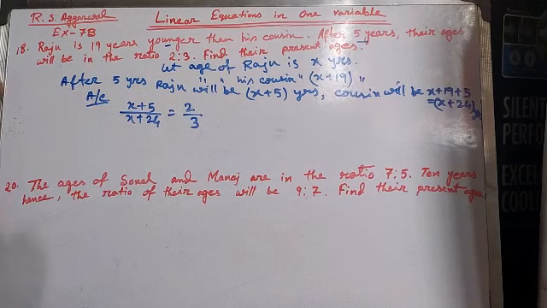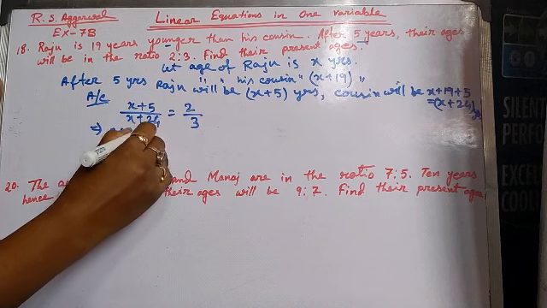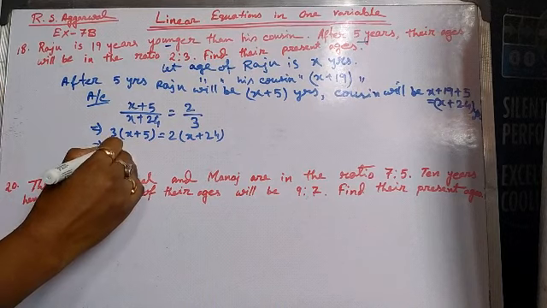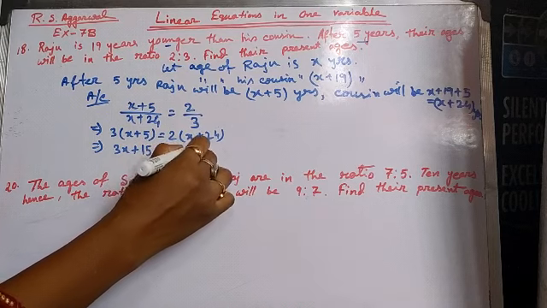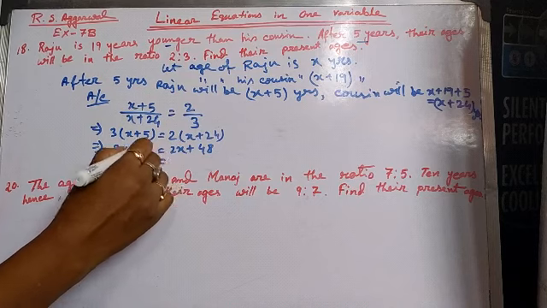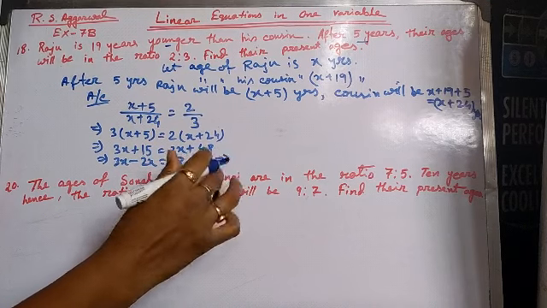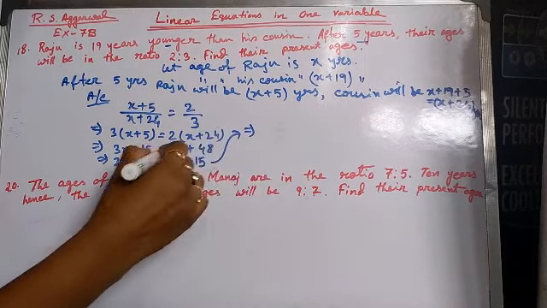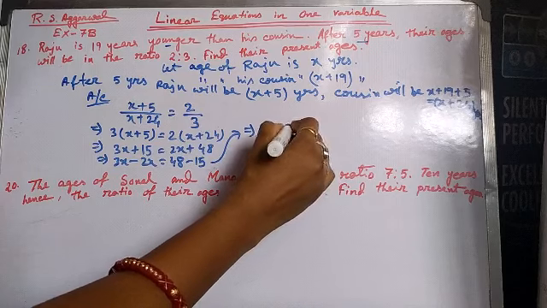Now cross multiplication: 3 into x plus 5 and 2 into x plus 24. Then we remove the bracket: 3x plus 15 equals 2x plus 48. Then x on one side, 3x minus 2x, and 15 goes to this side, 48 minus 15. So x equals, after subtracting, 33.